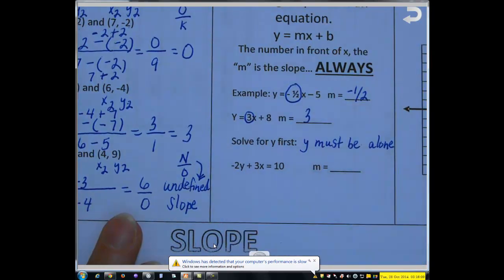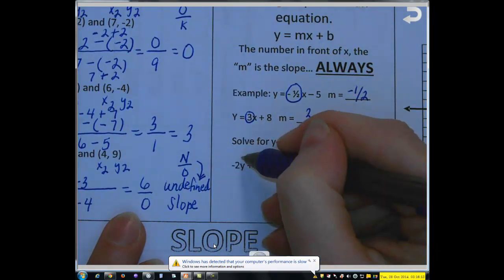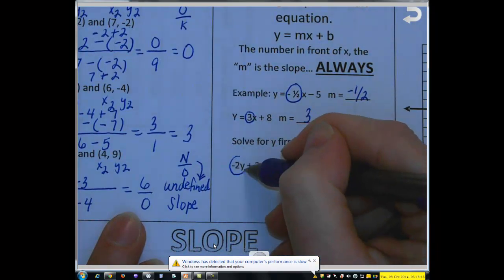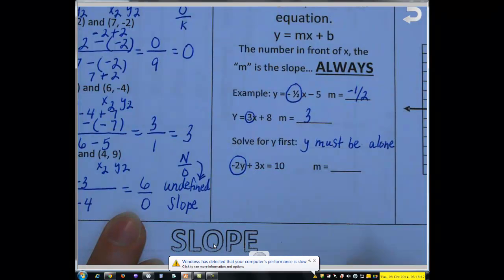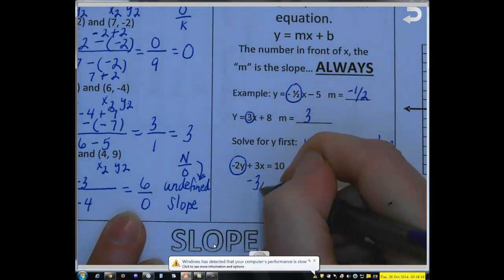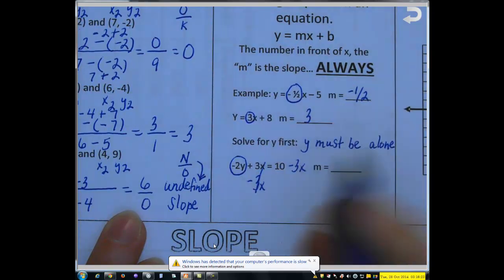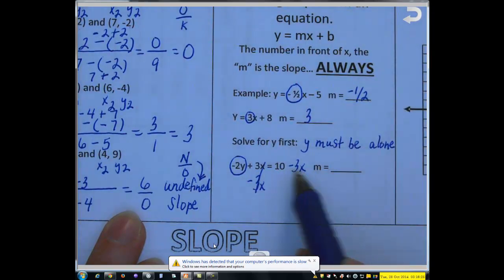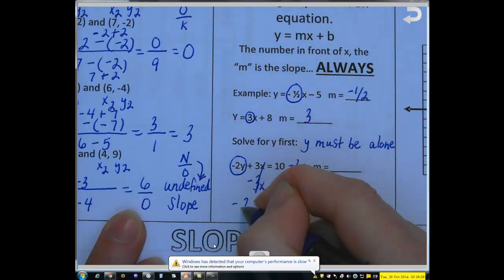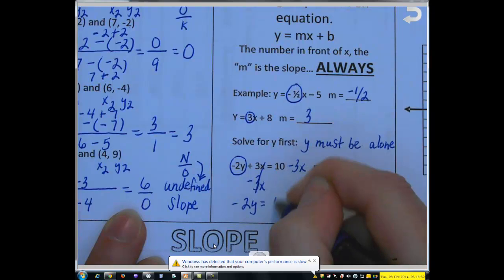So to get y alone, the first thing we need to do is get the -2y alone by subtracting 3x on both sides. Remember that we are not going to subtract the 10 and the 3x because they are not like terms. So we are going to write them next to each other.